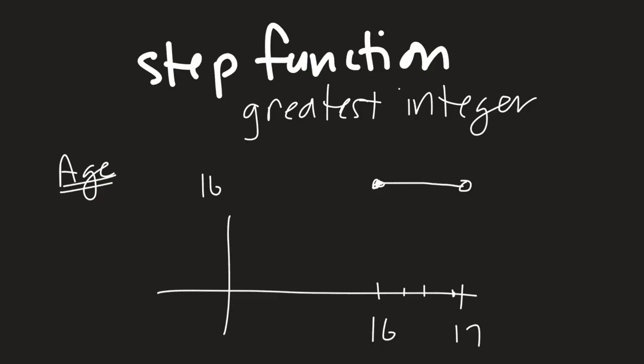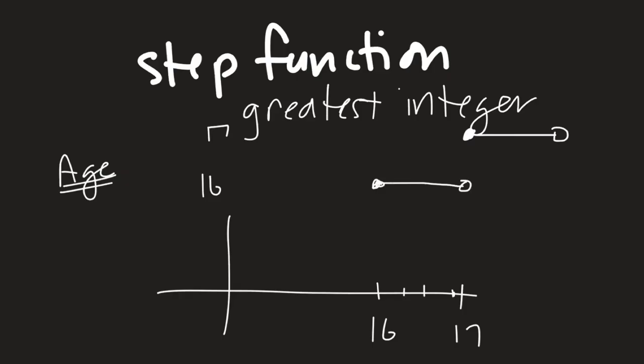But once you turn 17, now you are 17 years old on your exact 17th birthday, and for a whole year, you're 17, even though you're 17 in 4 days, and 17 in 30 days, 17 in 200 days. So this is the way that these step functions work.